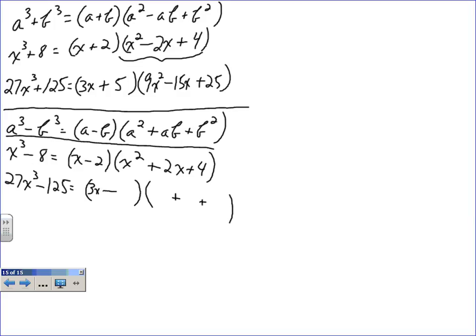I have 3x and 5, 9x squared, 15x, and 25. And I know it seems easy when I do it, and that's because I've memorized the formula. Once you memorize that formula and start to do a couple, it should go pretty smooth for you.